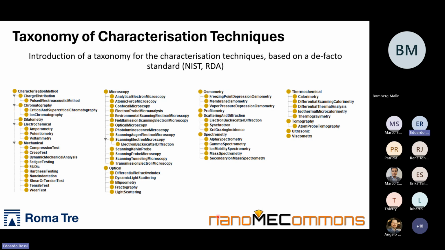So you see here an example of the taxonomy for various characterization techniques we have enclosed in this CWA update action. You can see that in microscopy, as an example, we have defined atomic force microscopy, confocal microscopy.